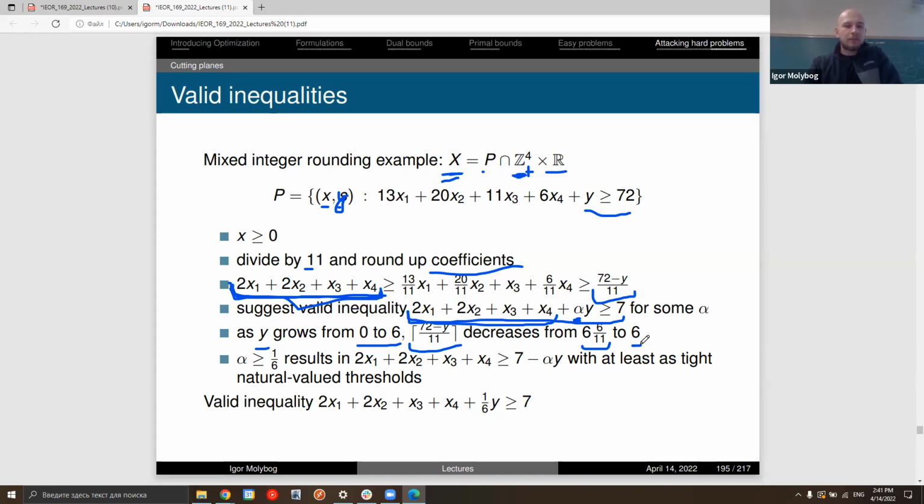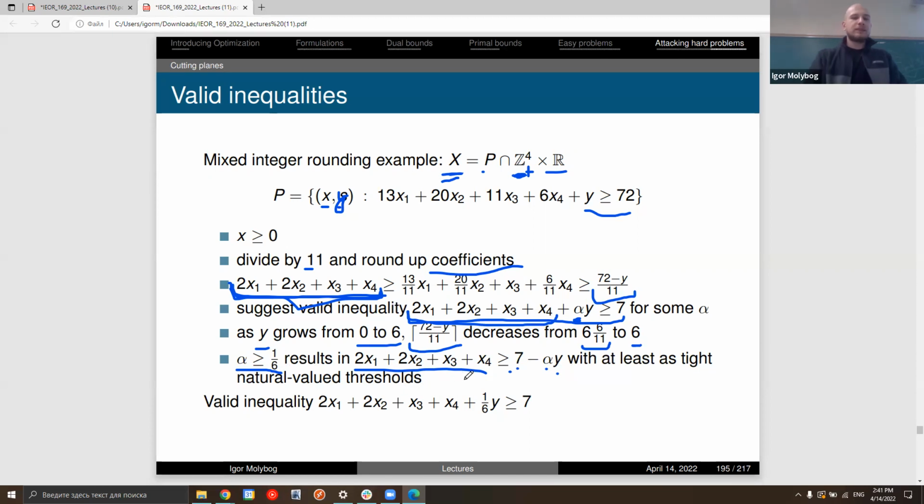Therefore, if we get alpha greater than or equal to 1/6, then we would get an inequality of this form, greater than or equal to 7 minus alpha y, with at least as tight a threshold.